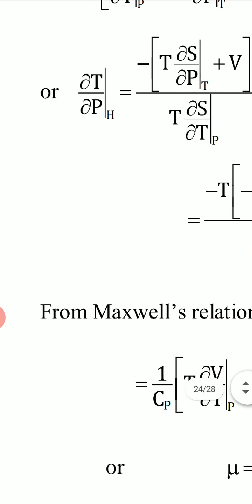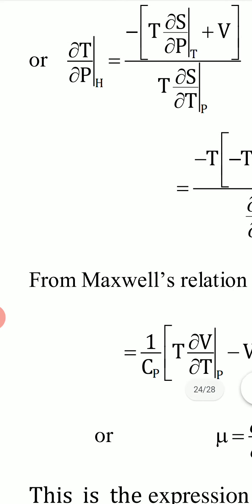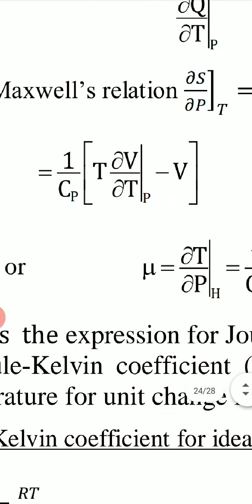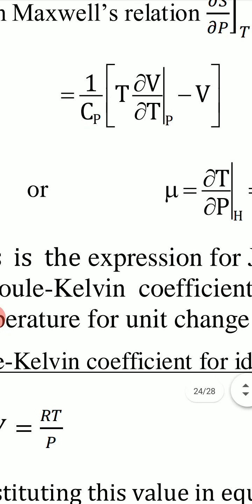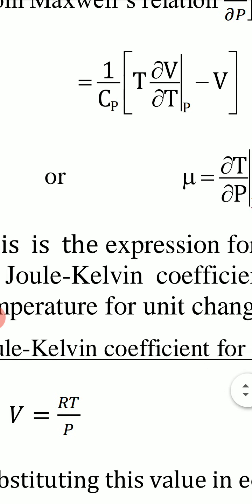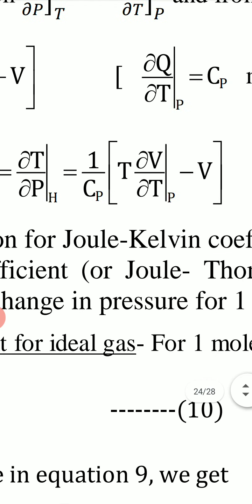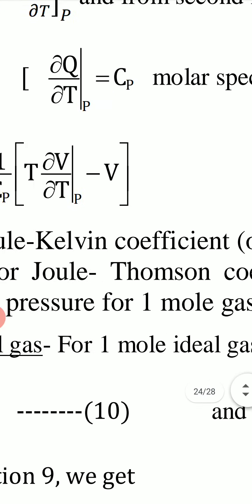So (∂T/∂P) at constant H now becomes equal to 1/Cp into [T (∂V/∂T)_P minus V]. This (∂T/∂P) at constant H, we write it as mu, and it is known as Joule Kelvin coefficient or Joule Thomson coefficient.